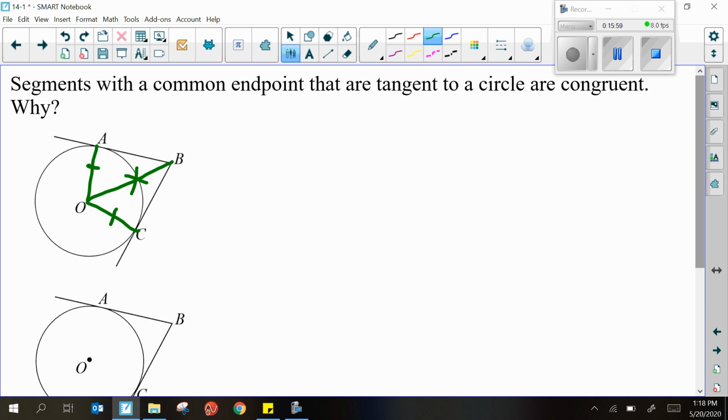And now we already showed that this must be a right angle and this must be a right angle from the previous slide. So by hypotenuse leg, I have proven that these two triangles are congruent, ABO and CBO. So therefore, since they are congruent, corresponding parts of congruent triangles are congruent.